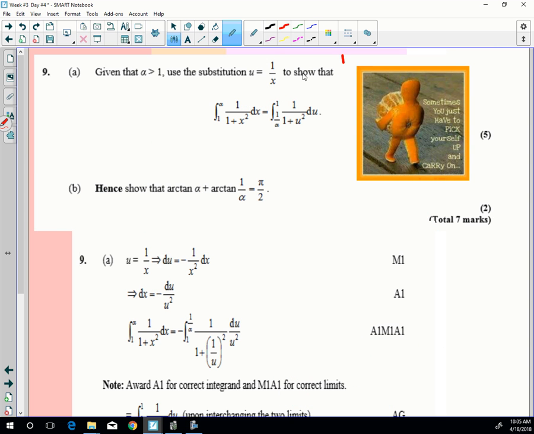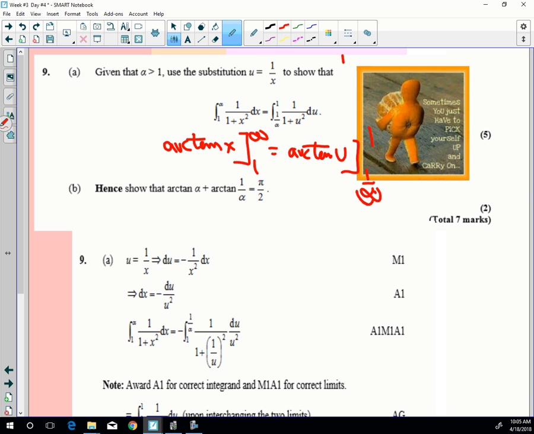So then for this part here, show that this is what happens. All that you're doing with this is you're saying, what is the antiderivative here? It's the arctangent of x going from 1 to alpha. And then what are you doing here? You're saying that this is the arctangent of u going from 1 over alpha to 1.